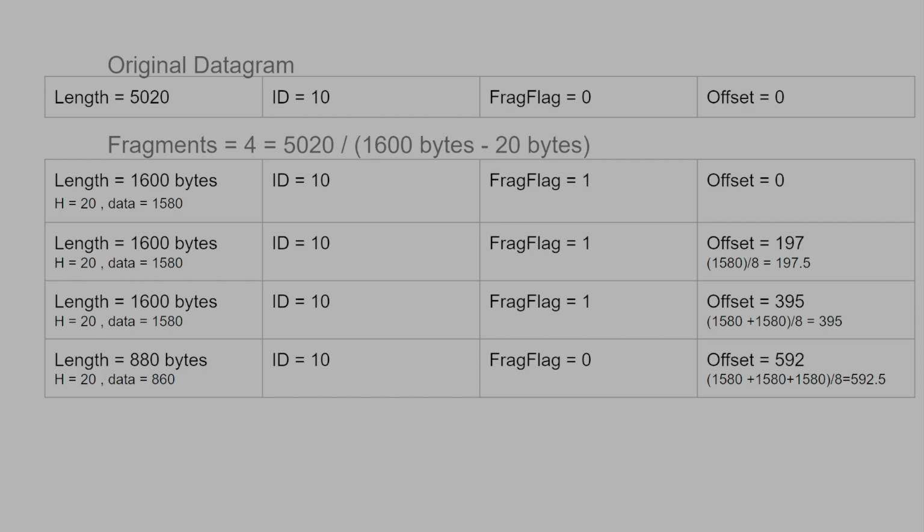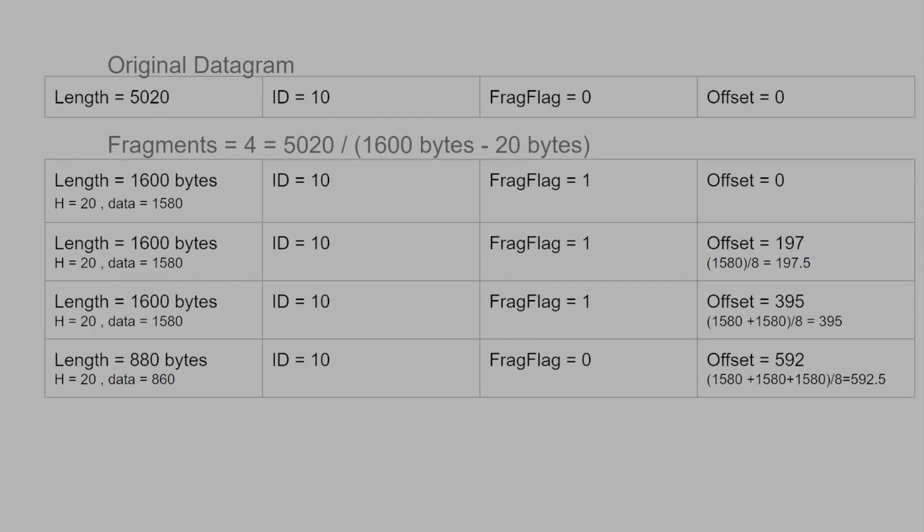For fragment 2, the offset is equal to all of the preceding data divided by 8. So in this case, it's 1580 divided by 8, and we get an offset of 197.5. And that's in units of 8-byte blocks.